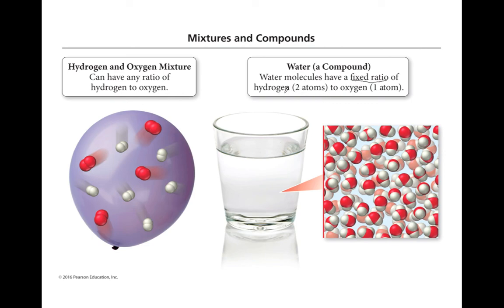Sure enough, if I've got a teaspoon of water, it's going to be 2 atoms of hydrogen to 1 atom of oxygen. If I've got a gallon, it's going to be 2 to 1. If I've got an ocean, it's going to be 2 to 1, right? So compounds have a fixed ratio, and mixtures do not.